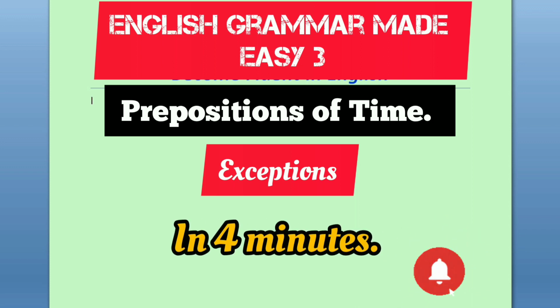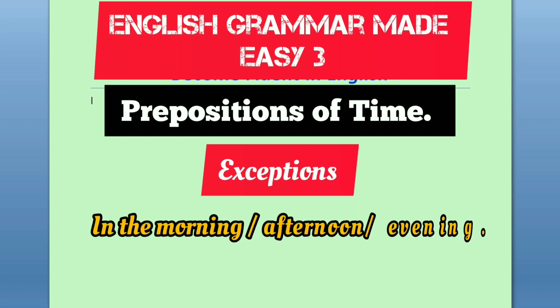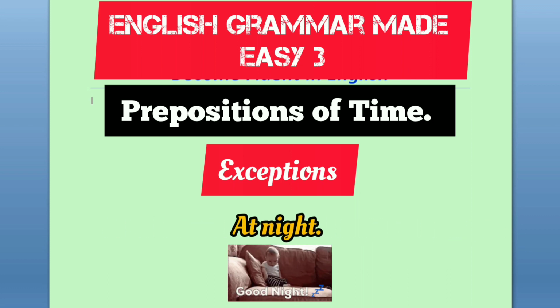But you cannot say at 4 minutes. And other exceptions are that before morning, before afternoon, before evening we use in: in the morning, in the afternoon, in the evening. But we use at before night. Before night we cannot use in. So these are some exceptions. I hope it's clear where to use in, where at, and where to use on.